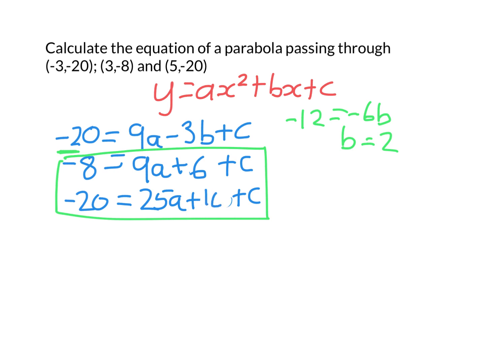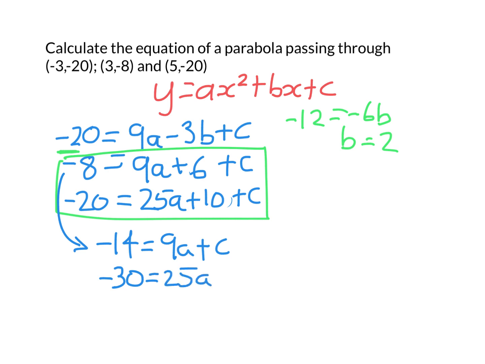So just rearranging each of these equations, this one becomes, so I'm going to subtract 6 from both sides, -14 equals 9a plus c. And then the second one, I'm going to subtract 10 from both sides. It becomes -30 equals 25a plus c.